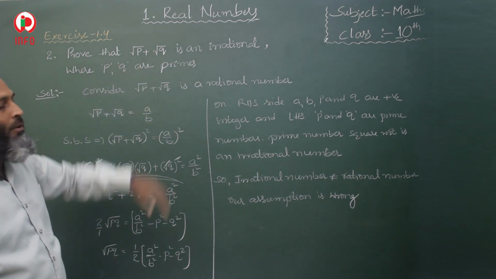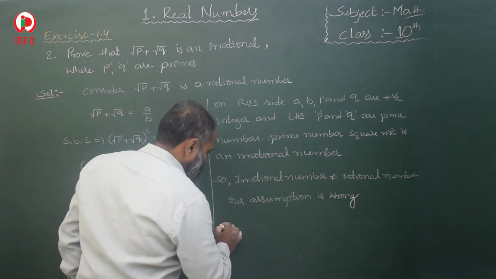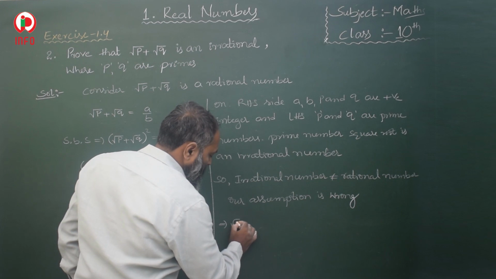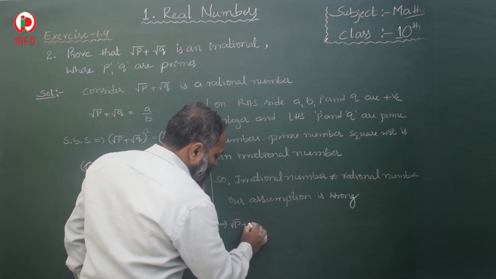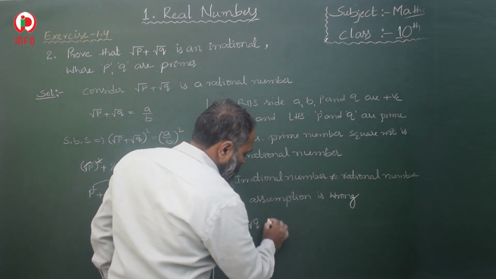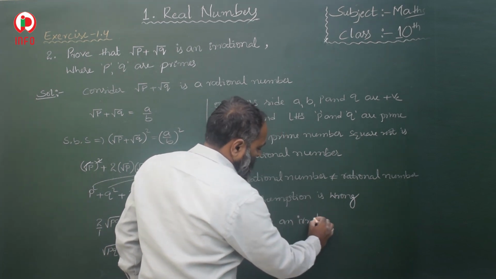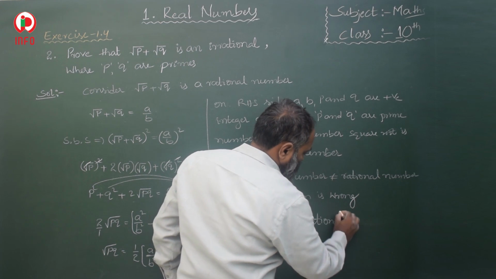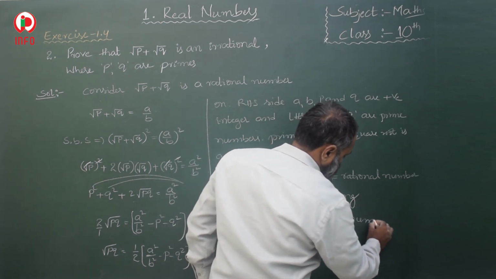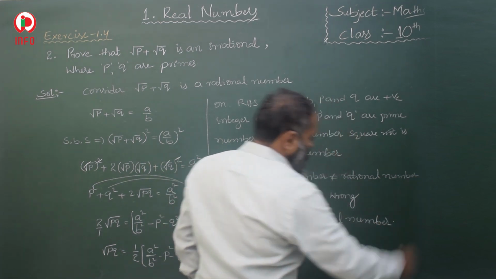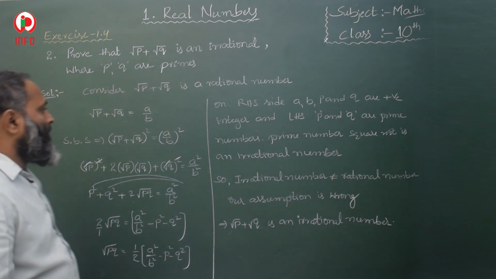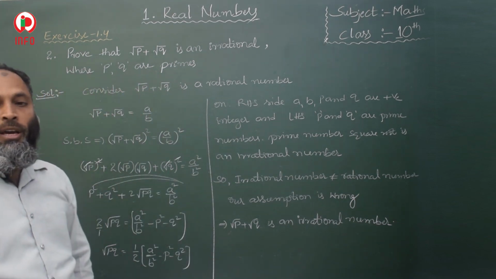Root p plus root q is not a rational number. That implies root p plus root q is an irrational number. This is the method to solve. Okay.